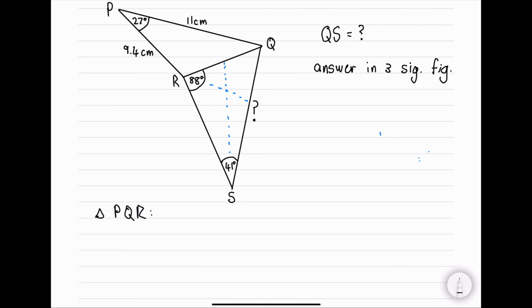So the cosine rule, I'm going to write it in terms of all of the vertices of these triangles. So I'm going to write it as follows. So it's going to be QR squared is equal to RP squared plus PQ squared minus 2 RP PQ cosine of the angle RPQ.